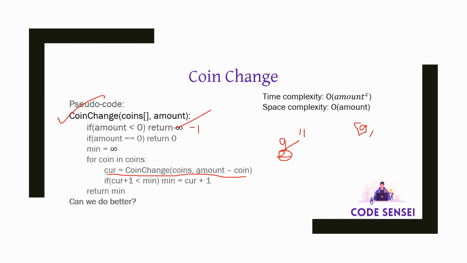And if that is less than the minimum value so far obtained, we will add one coin to it, which is nothing but what we saw in the previous slides. We will add one coin to it, because for getting 2, this is the minimum number of coins required. Then for getting 11, you have to add one coin, right? That is this 9.